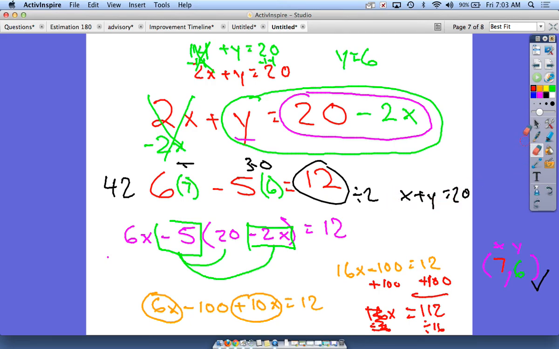This would actually be, since it's 1y, 1 divided by 2 would be 1/2 y equals, and that divided by 2 is going to be 10. You could have worked it like that, and then we'd put this over on this side, so it would actually be x equals negative 1/2 y plus 10. You could have done that and then put this in for x, but again, working with a fraction, it's not like it's impossible, but I think it's a lot easier to not have to do that.